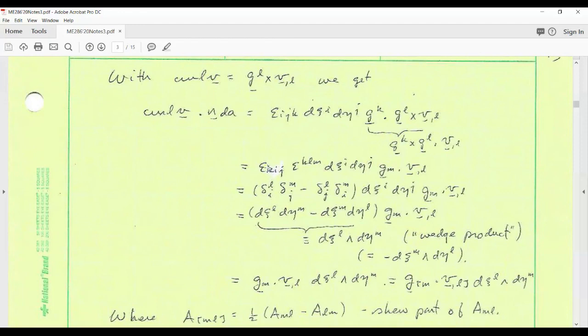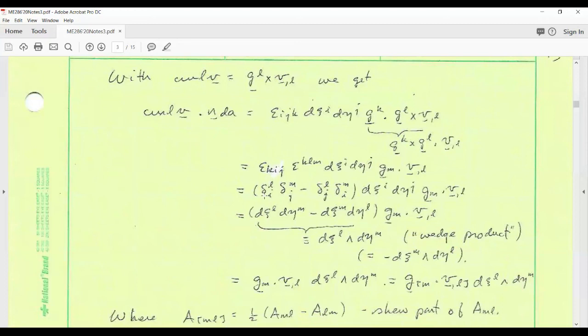If you wanted to raise all the indices, you'd use the reciprocal or dual metric tensor 3 times, one for each index. And then you'd have a result that involves the metric tensor. So you can immediately deduce those identities from this exact expression.